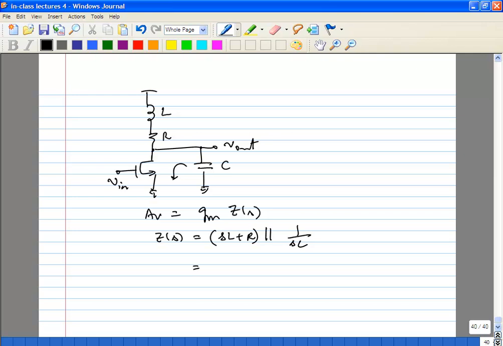We are going to write it in a particular form and you will soon see why. This is the impedance transfer function. Of course this has a 0 and it has 2 poles. The poles may be complex conjugate, we don't know that yet.